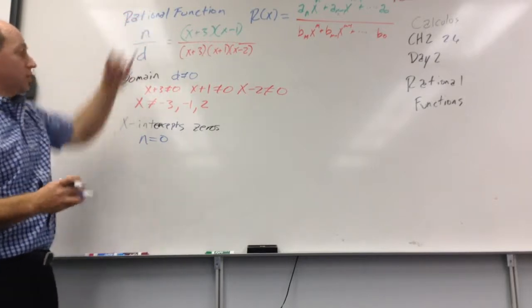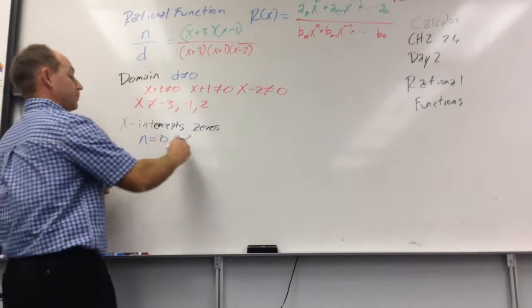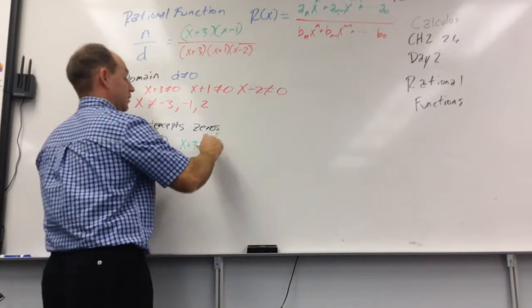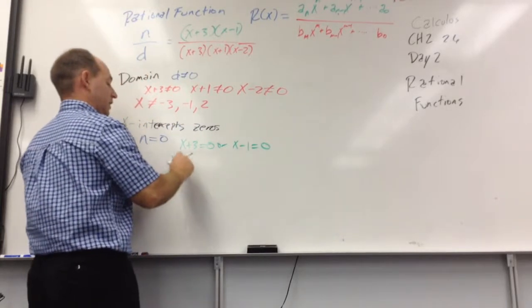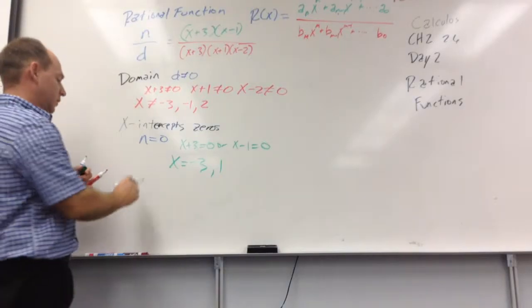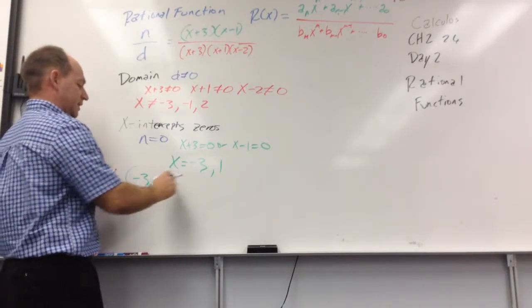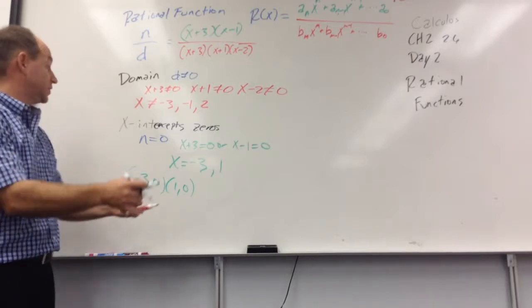And I say, when does that numerator equal 0? Well, that happens when x plus 3 equals 0, or x minus 1 equals 0. So that's happening when x equals -3 or 1. And so we think we have these x-intercepts here at (1, 0) and (-3, 0). Otherwise, there are zeros.